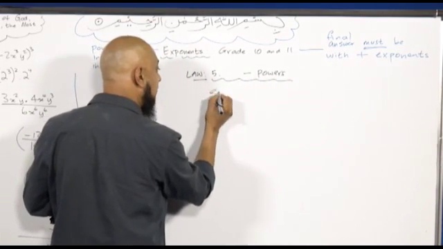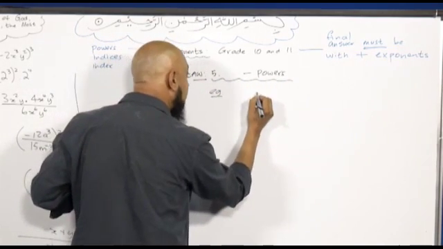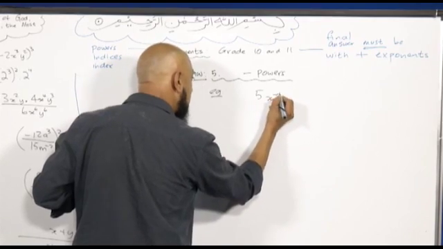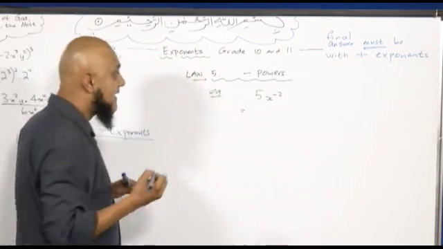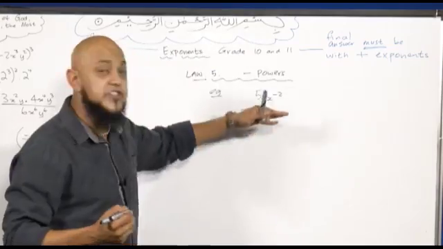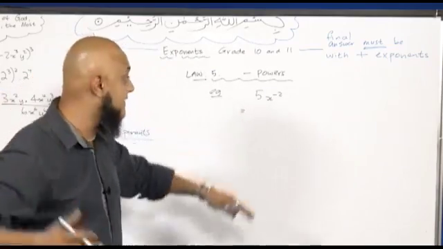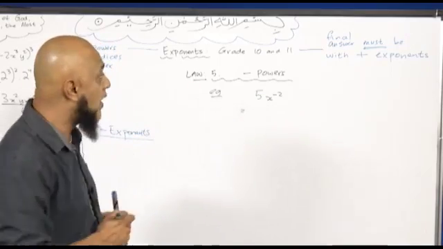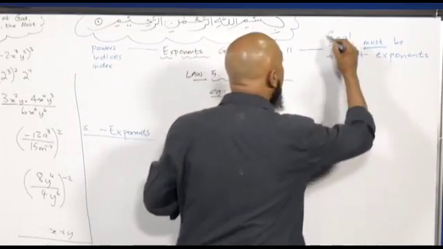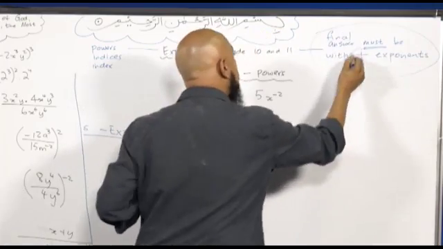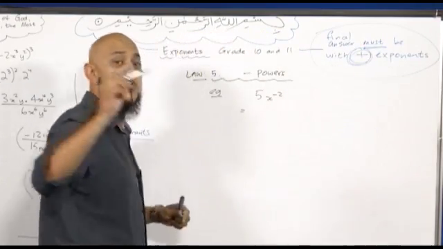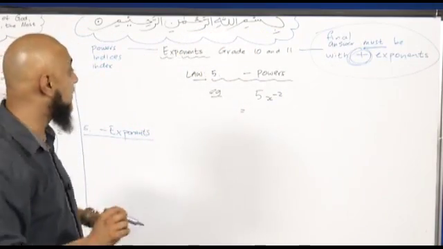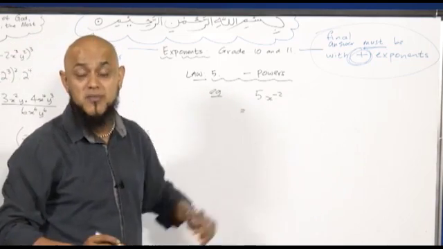Let me give you an example of what this looks like. If I told you 5x to the power negative 2. Say you came to a situation just before your final answer, or in fact your final answer, where you ended up with 5x to the negative 2. What did we say? We said that your final answer must be with positive exponents. It's got to be with positive powers. So we've got 5x to the power minus 2.